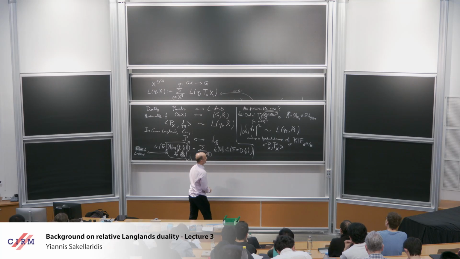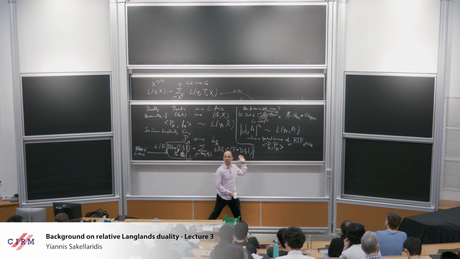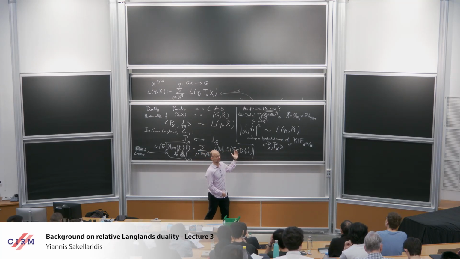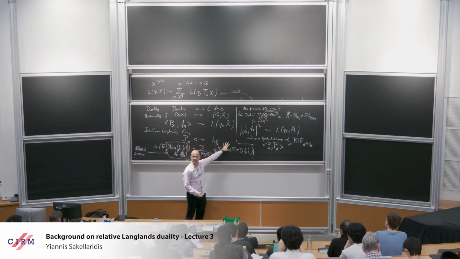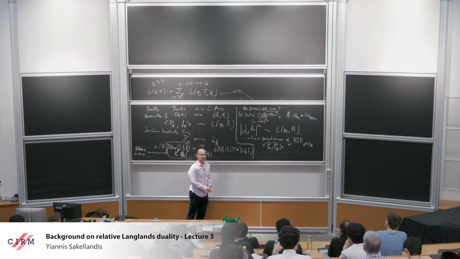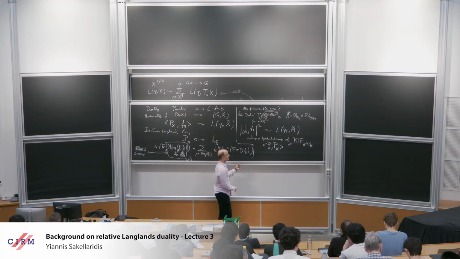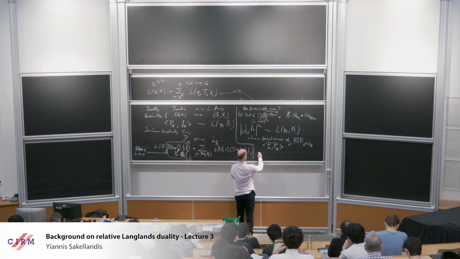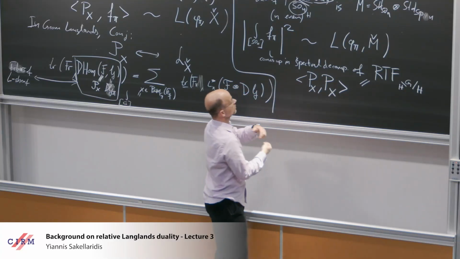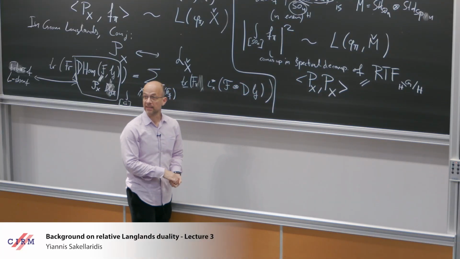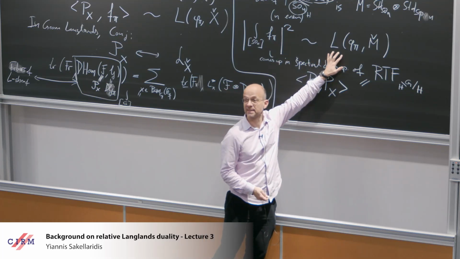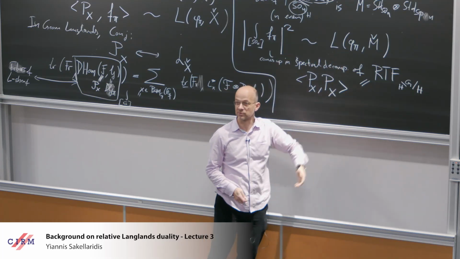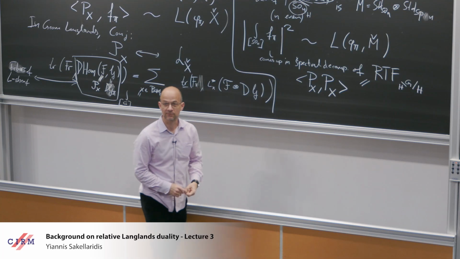It's natural, we said that inner products translate to Homs, and Homs of sheaves on one side become Homs of sheaves on the other side. So it's natural from the point of view of the relative trace formula to ask about, okay, we don't know what the L sheaf should be in that case, but at least this formula should be telling us something about the endomorphisms of the L sheaf, Hom from the L sheaf to itself.